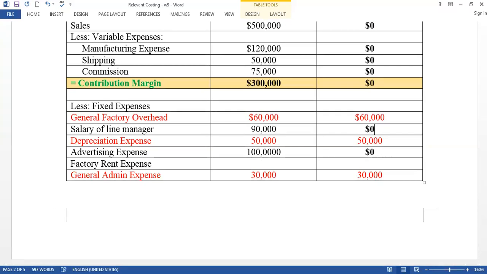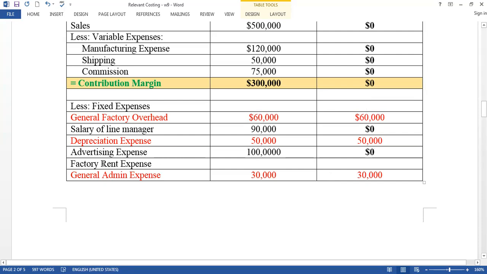You drop it means no people work with you. If no people work with you, you no need to pay any salary. Clear? But if you produce, you have to pay salary and the advertising cost. If you don't produce, you don't have any product, you don't need to provide advertisement, right? So it is zero.